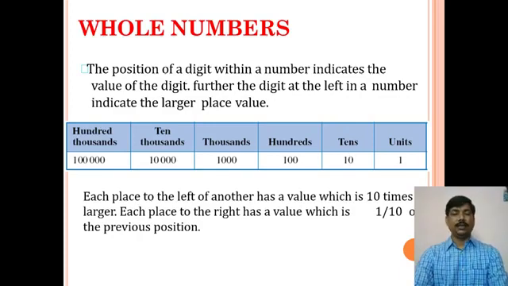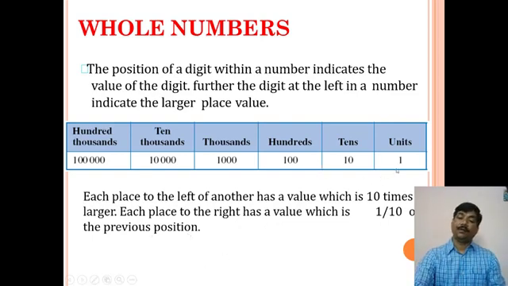The value of a digit in any number depends on the place value of that digit. Each place to the left of another has a value which is 10 times larger. Each place to the right has a value which is 1 upon 10 of the previous position.